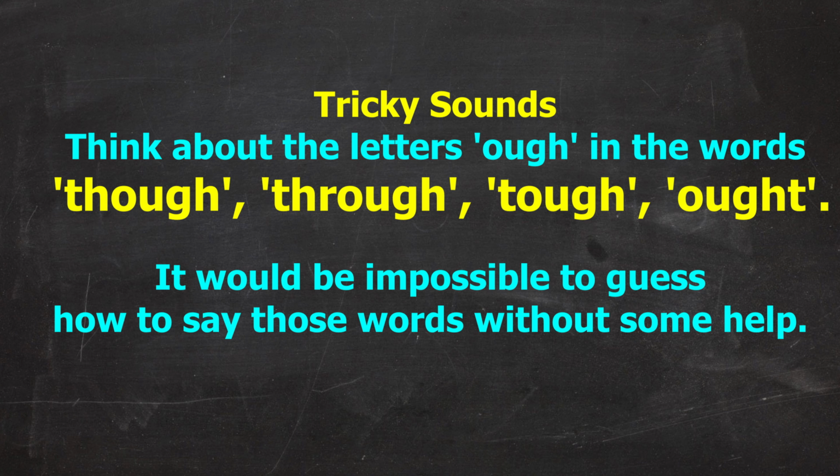These letters in the words though and through and tough and ought, it would be impossible to guess how to say those words without some help by listening to how people say them, how people stress parts of these words, and how people use their mouth and intonation to master and carefully say them when they speak.